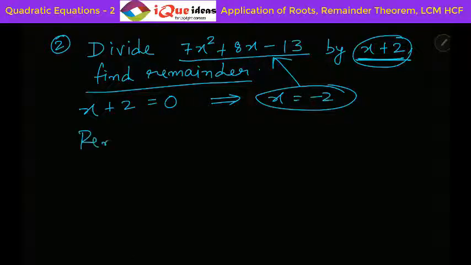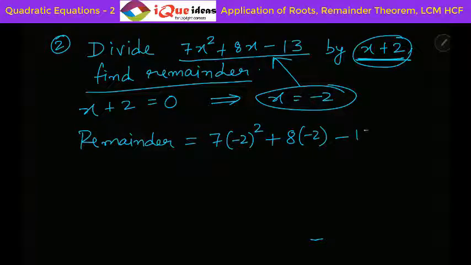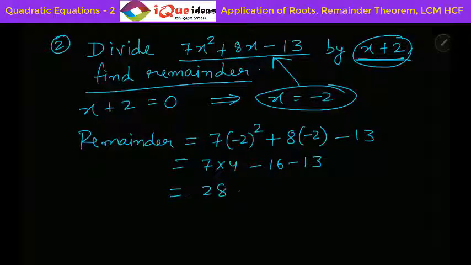The required remainder will straight away be 7x square plus 8x minus 13, in which we put x equal to minus 2. So it is 7 into minus 2 square plus 8 into minus 2 minus 13. 7 into minus 2 square is 7 into 4, 8 into minus 2 is minus 16, minus 13. So we have 7 fours are 28, minus 16 and 13 is 29.